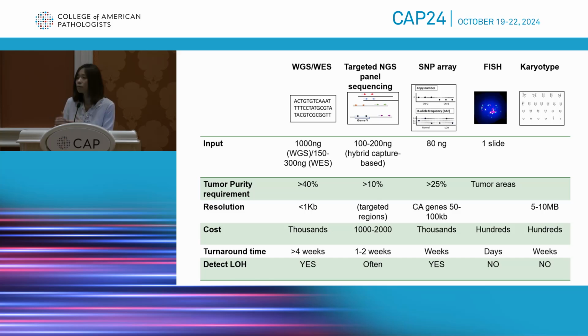And the tumor percentage requirement may be even a little bit better than the SNP array, but it requires a fresh sample, because it does require ultra-long samples to do the assay. That's something that I didn't put in the summary slide, but I would like to mention, because I guess you will probably hear it a lot in the coming years. It doesn't need a special preparation, but it does have its advantages and disadvantages.